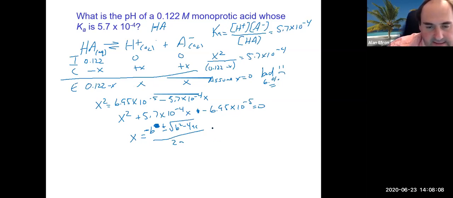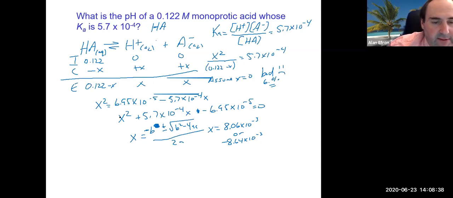If you put our numbers in, you get x is equal to 8.06 times 10 to the minus 3, or you get minus 8.64 times 10 to the minus 3. Any questions up to that point?